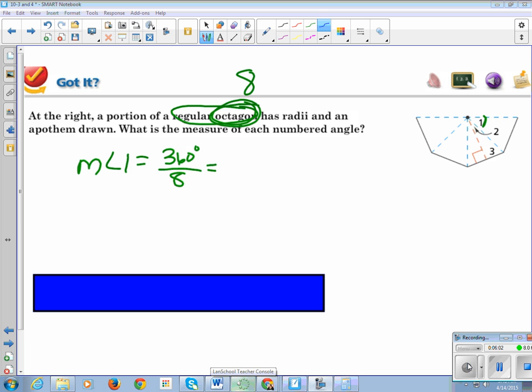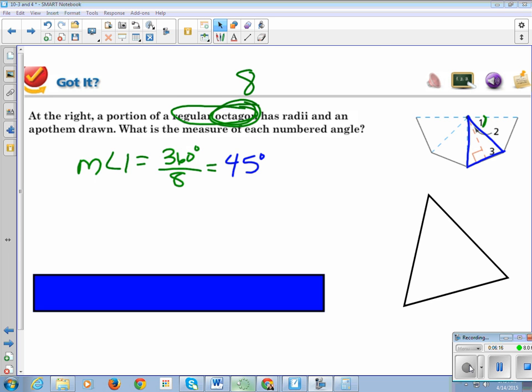So 360 divided by 8 is 45 degrees. So I'm just going to take this little triangle here and blow it up. This triangle here is the same as the other one. I just blew it up.